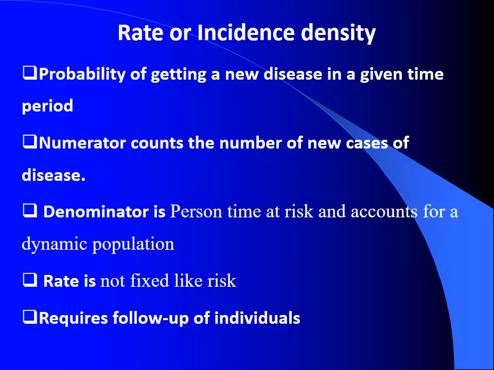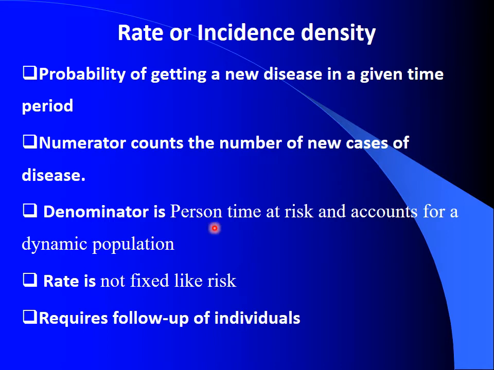Rate. As against risk, we'll explain a little later. Rate is for a dynamic population, where individuals are not starting at one point but joining at different time points, so that their contribution is counted. This is also basically the probability of getting a new disease.